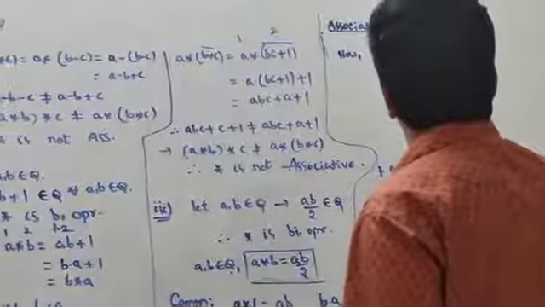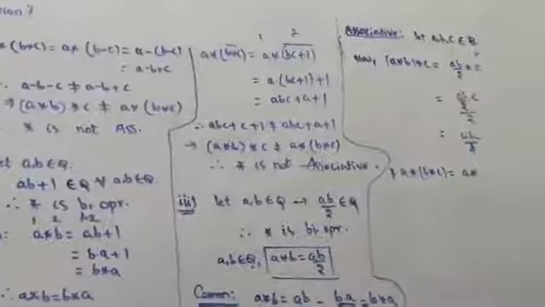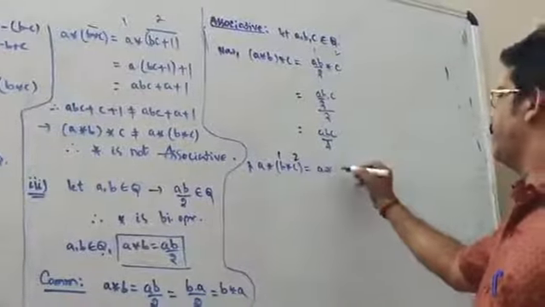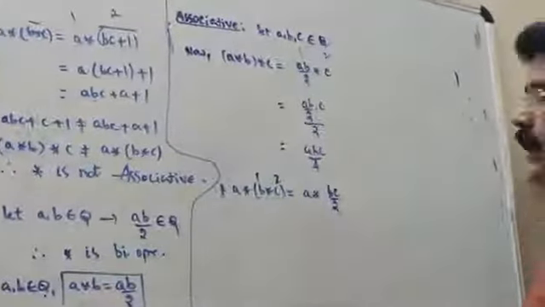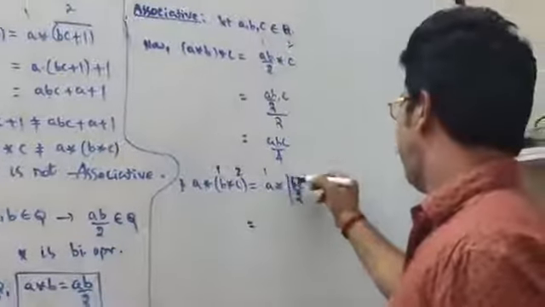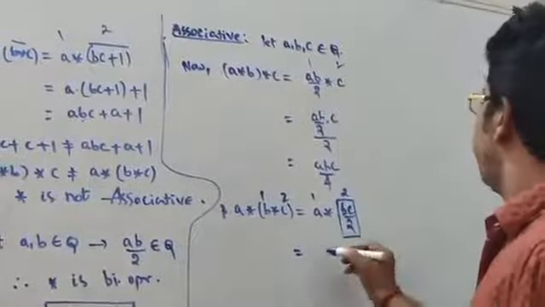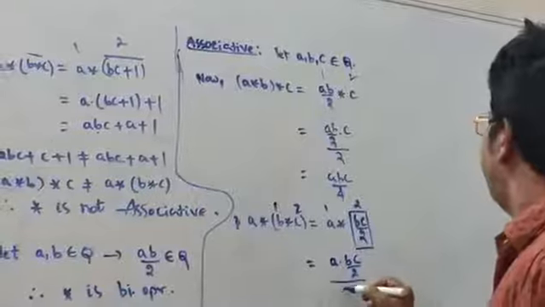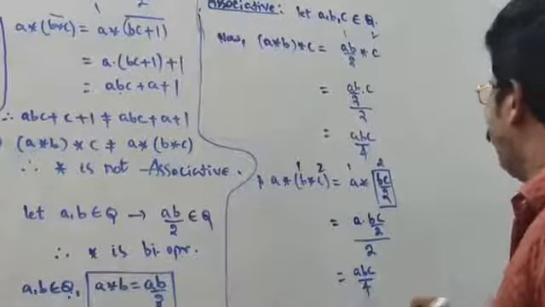Now a star (b star c) is defined as first element into second element by 2. Here a is the first element, and bc by 2 is the second element. So first element into second element divided by 2 is equal to abc by 4.